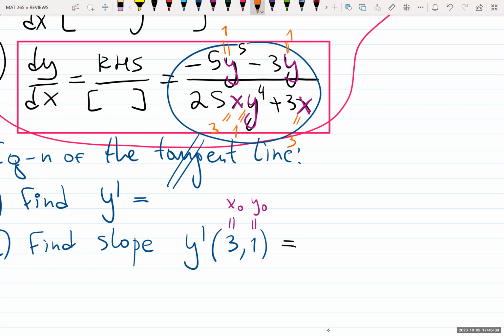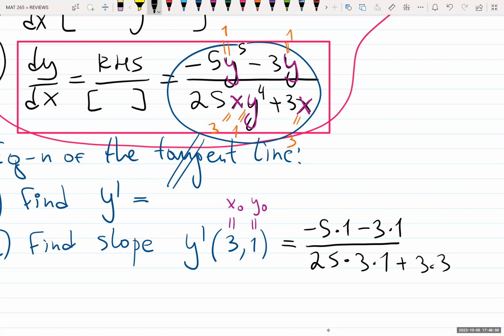But somehow I see it all over again on the test that people tend to mess up when they plug it in, and it's upsetting to mess up at the very end. So it's going to be minus 5 times 1 to the 5, minus 3 times 1, 25 times 3 times 1, plus 3 times 3. Good.